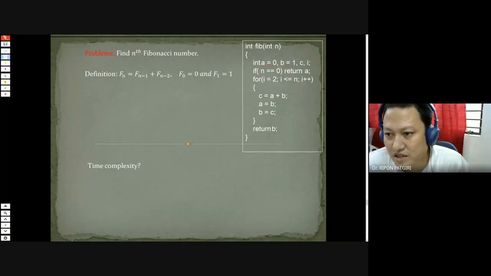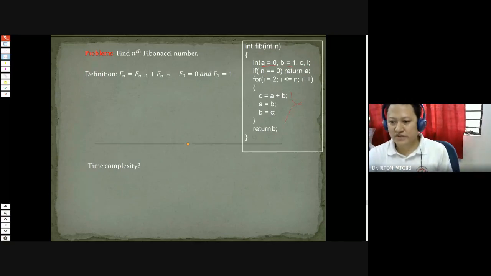What is c equal to a plus b? 0 plus 1, and a equal to b, b equal to c. So if, say for example, n is equal to 1, then it will directly return 1. Otherwise, it will calculate the nth Fibonacci number.